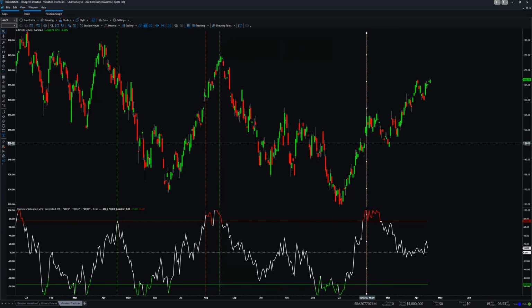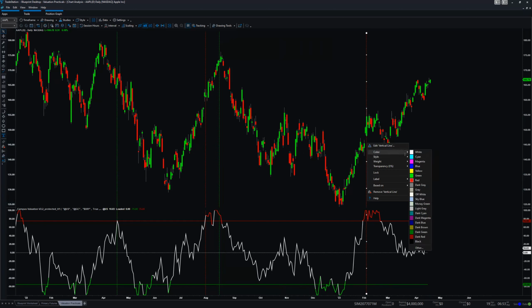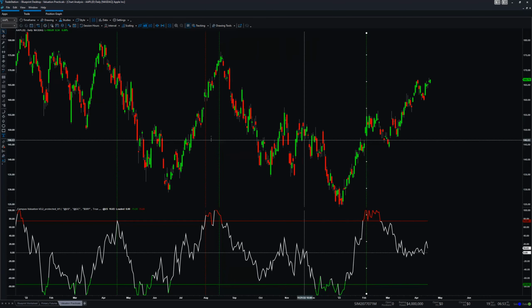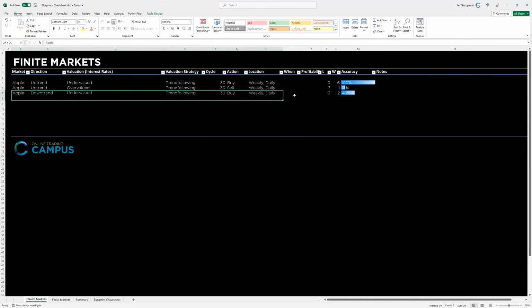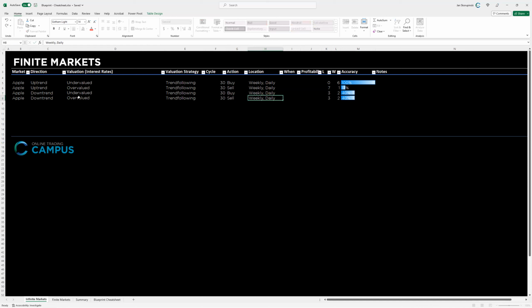So we can see that it worked 3 times and it didn't work once. So downtrend, now we're looking at overvalued, trend following, we're looking to sell in weekly and daily supply.